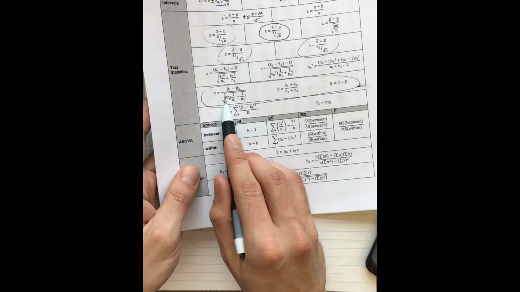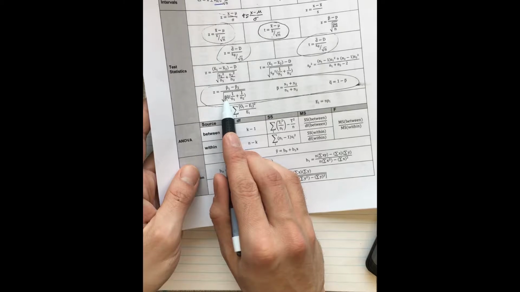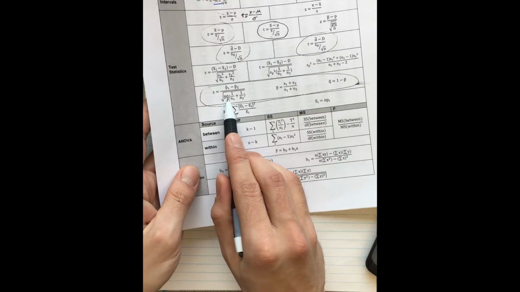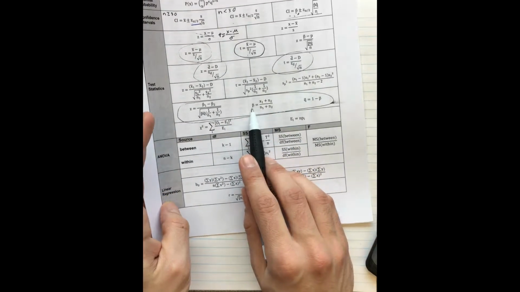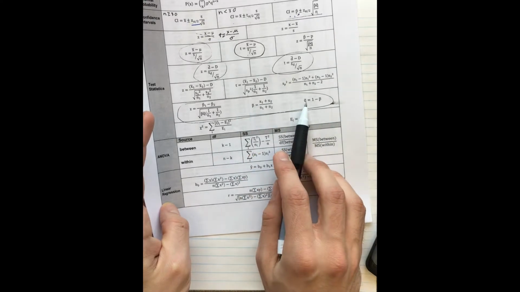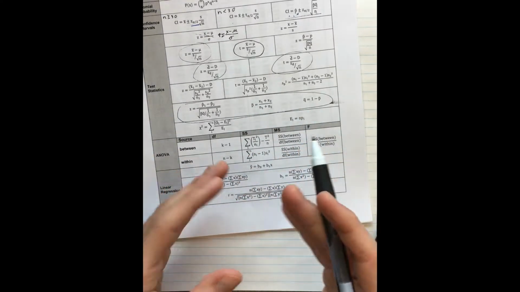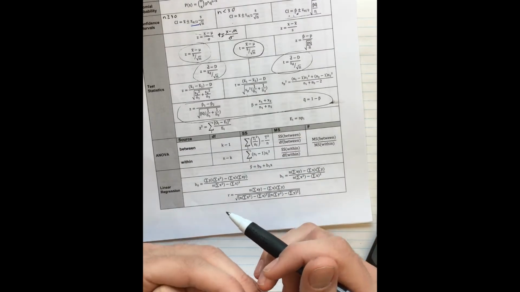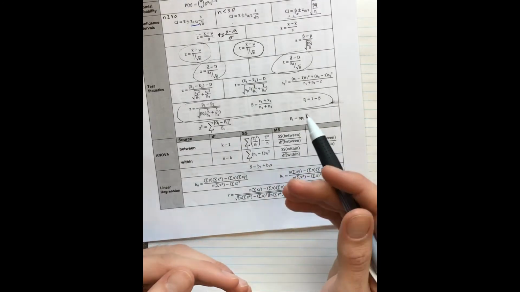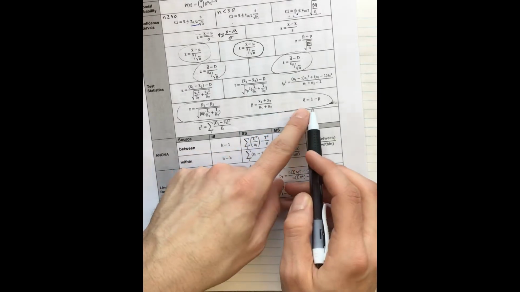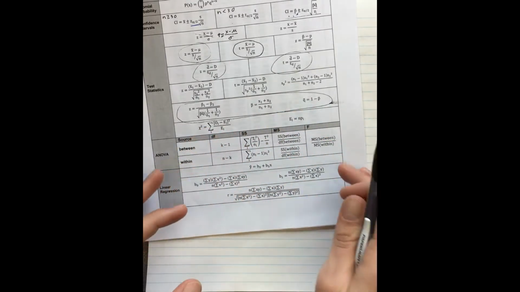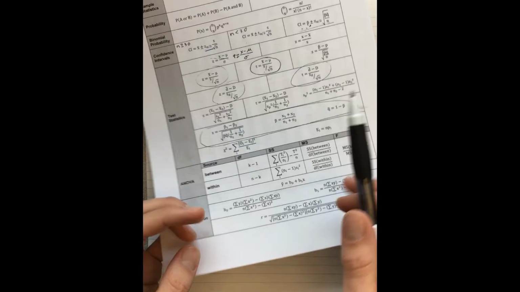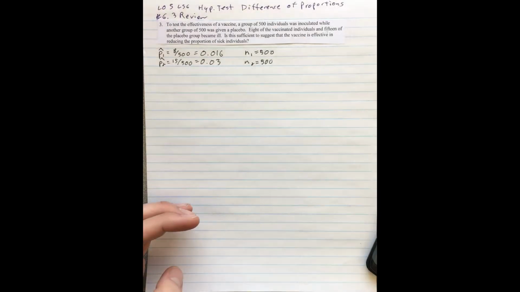But then we also have P bar and Q bar. You see they have a little bar over top of the P and over top of the Q. This is the formula for P bar, and this is the formula for Q bar. Just like we've done before with hypothesis tests of proportions, Q was always 1 minus P. So let's figure out P bar.